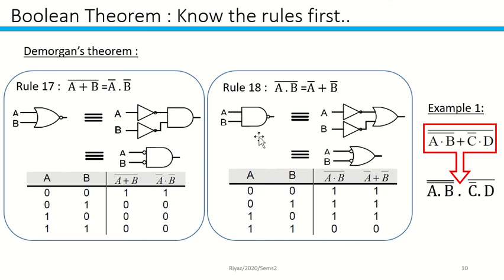So similarly you have this one, and when you compare the two tables, the situation becomes this. I will provide you one example: A dot B bar plus C bar dot D. When you have such a condition, you want to break the big bar over here, the top one, everything, so you just need to change the operations. It becomes A dot B double bar dot C bar dot D bar, everything over here.